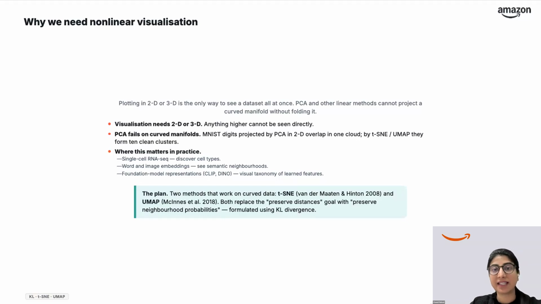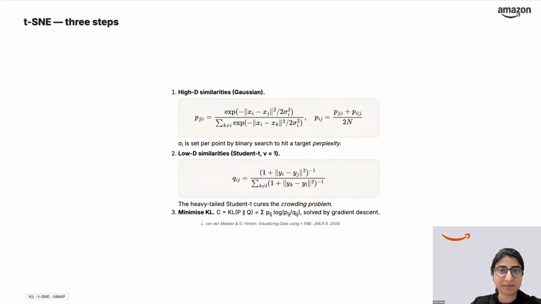As we've seen, PCA can work for linear data, but for a curved manifold, PCA can take a hit in explaining the data well. So we will discuss TSNE and UMAP in this lecture.